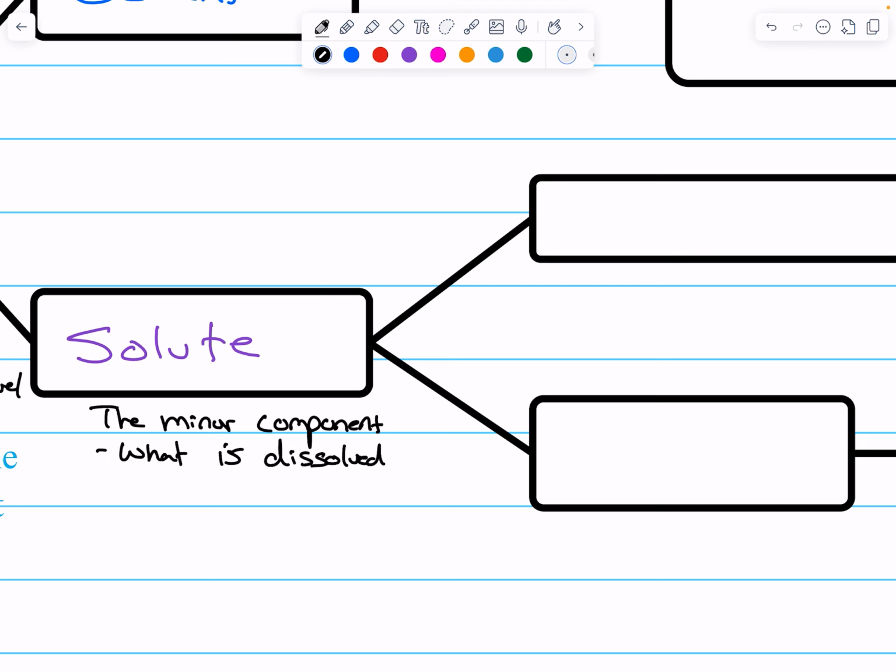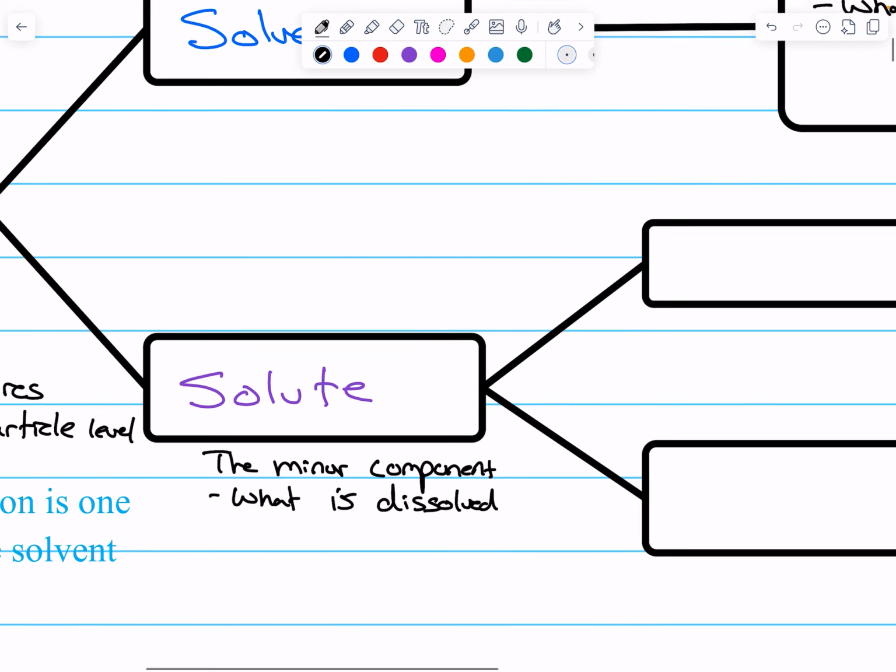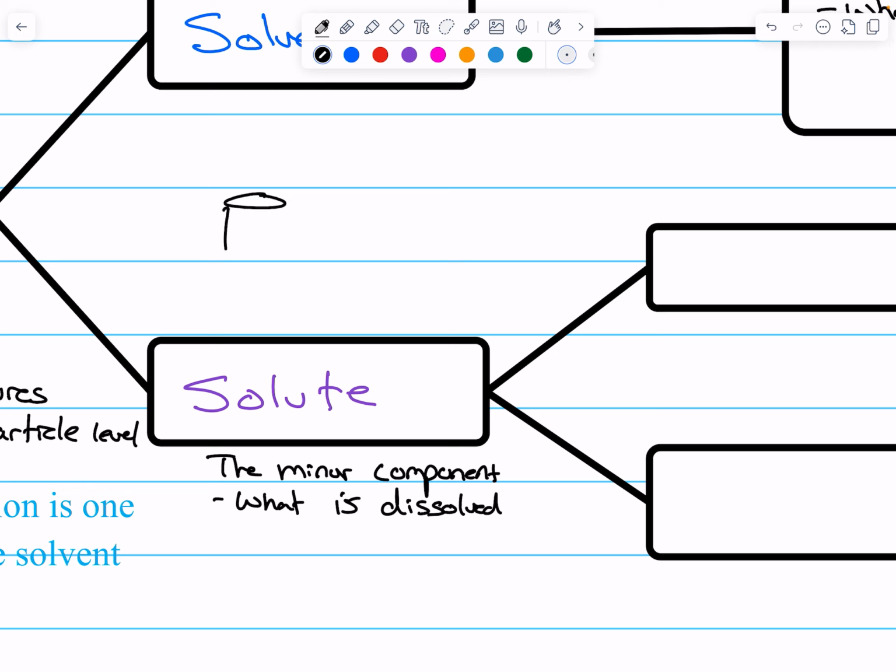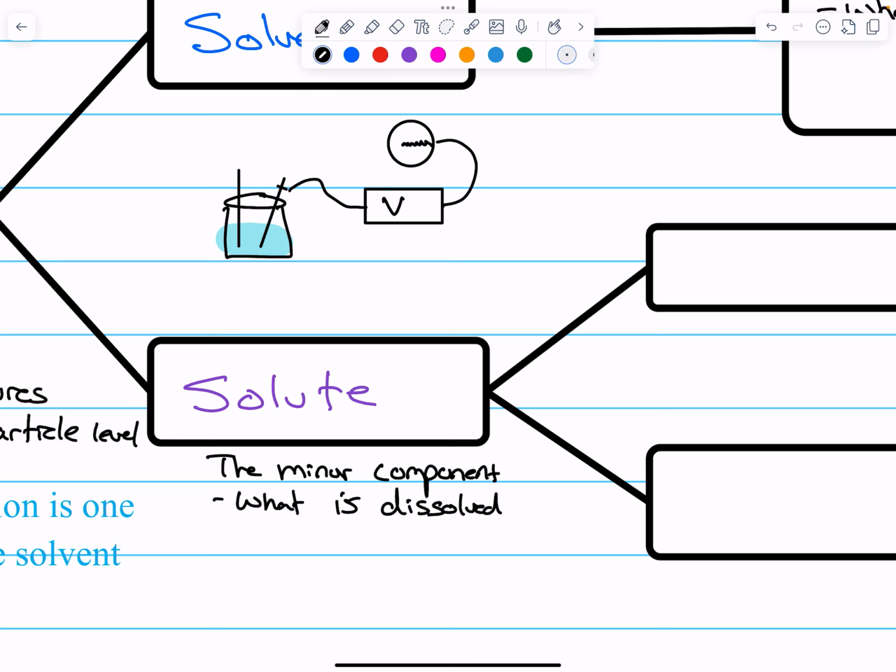Now, when we talk about solutes, say I have a beaker with some type of liquid in it, and two electrodes in there, connected by terminal wire to a battery, and there's some type of resistor, a light bulb. The question is, there are some options.